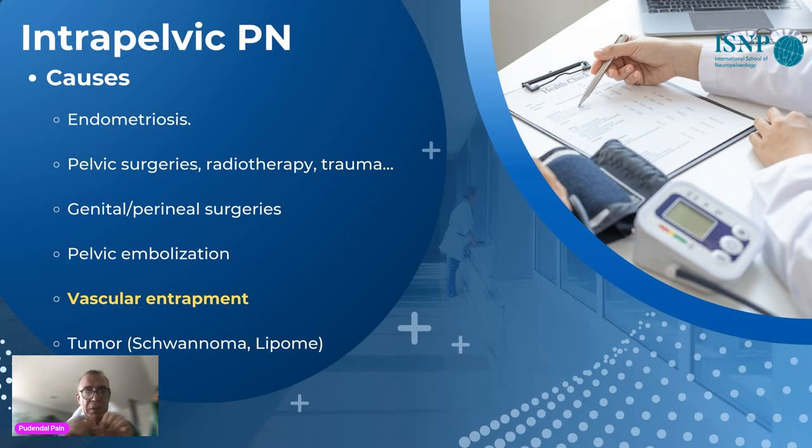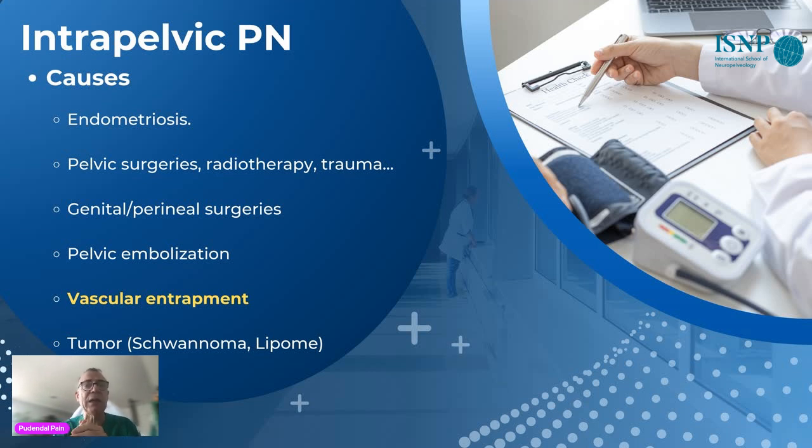And this foramen is very, very narrow. So if the vessels which are in direct contact with the nerve are too big, for example in case of pelvic varicose veins, or in the situation of an Ehlers-Danlos syndrome, then the patient will start to develop pudendal pain.